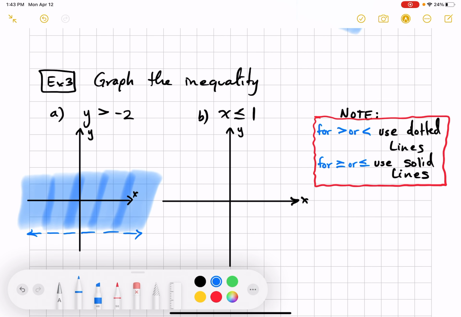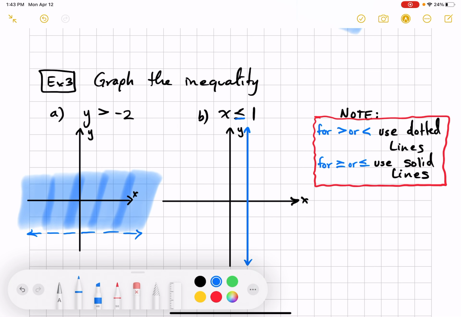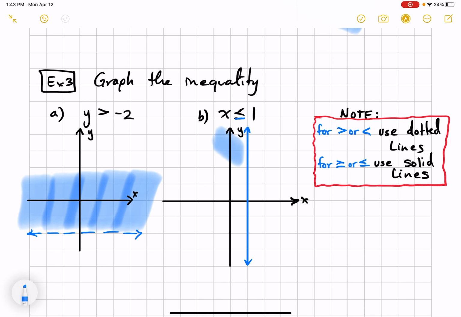X equals 1 is a vertical line, and because we do have the equal sign, we're going to make it a solid line like so. And then we're going to shade to the left because the numbers less than 1 are on the left side. So we're going to shade here and here. Okay, and remember the shaded region is where all the solutions are.